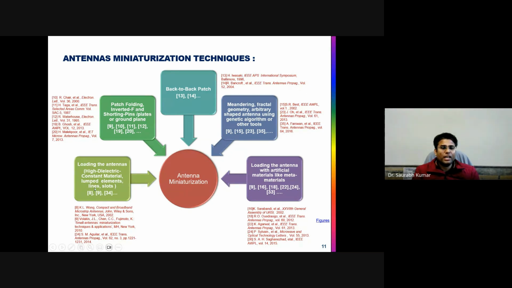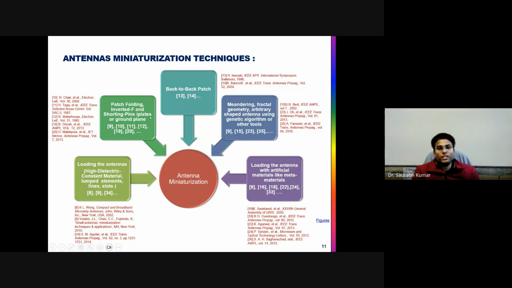If you are loading your antenna with slots or slits, the radiation performance will decrease, but antenna miniaturization can be achieved. Let's say this green portion is the patch, and this is your current distribution.